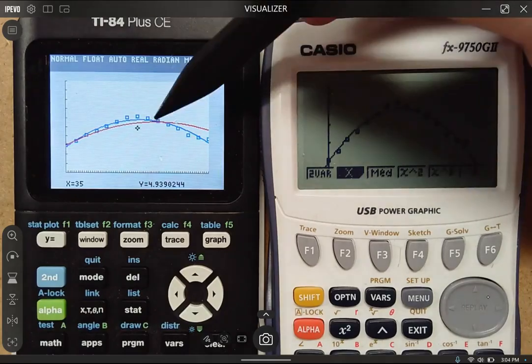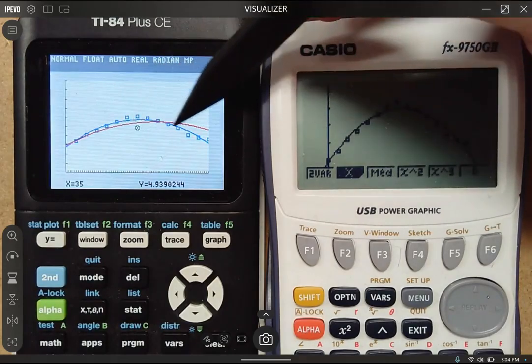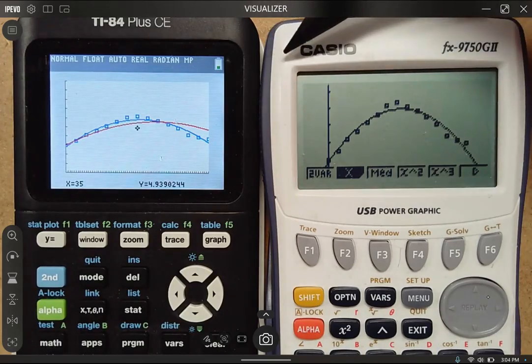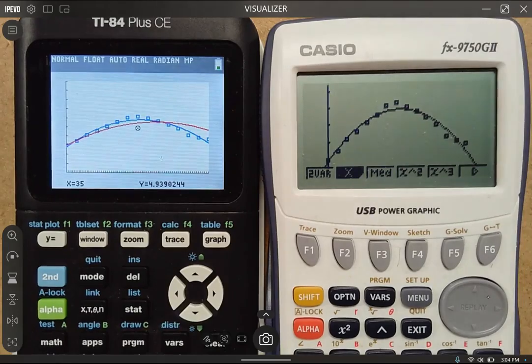The calculator is able to find a better regression using all these data points than just using the 3 points from that previous problem. So we definitely have a better fit with the regression.